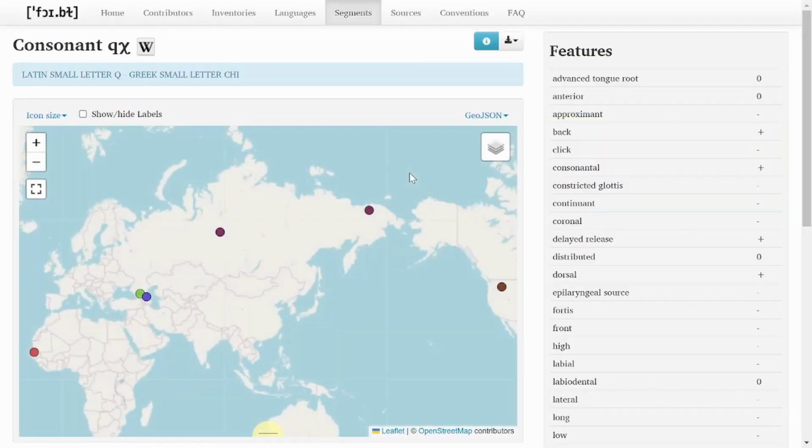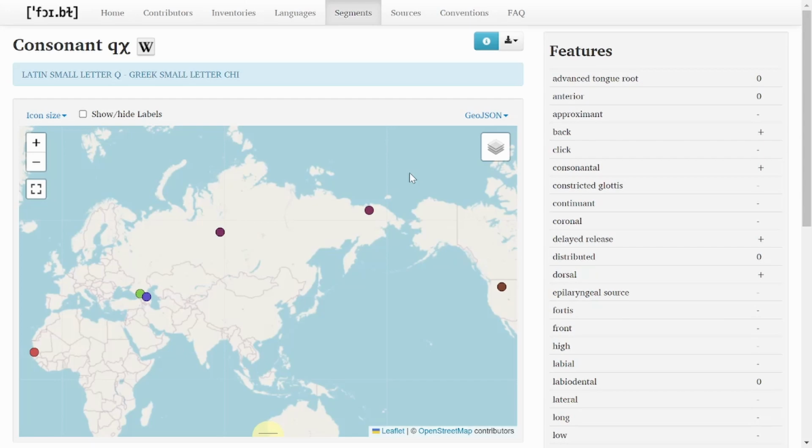Okay, let's go to uvular. And this is gonna be the first sound where the ejective version is more common, actually. In this database, it is more common by one language. I think that Archi has this.